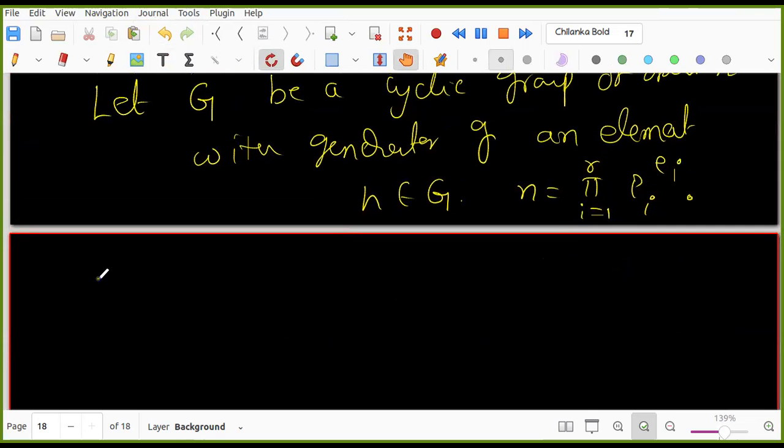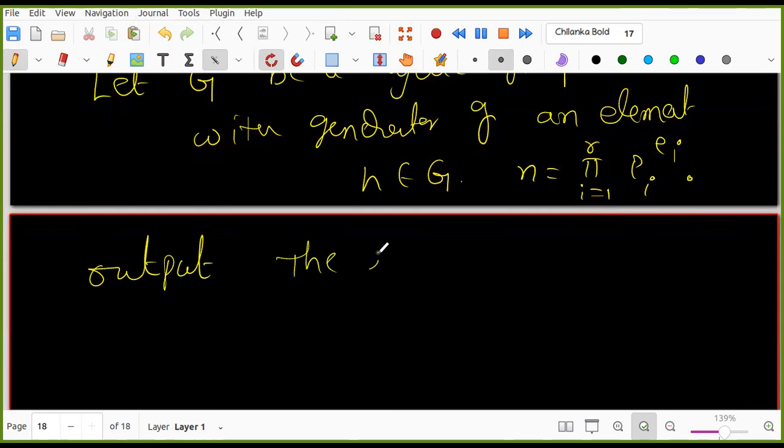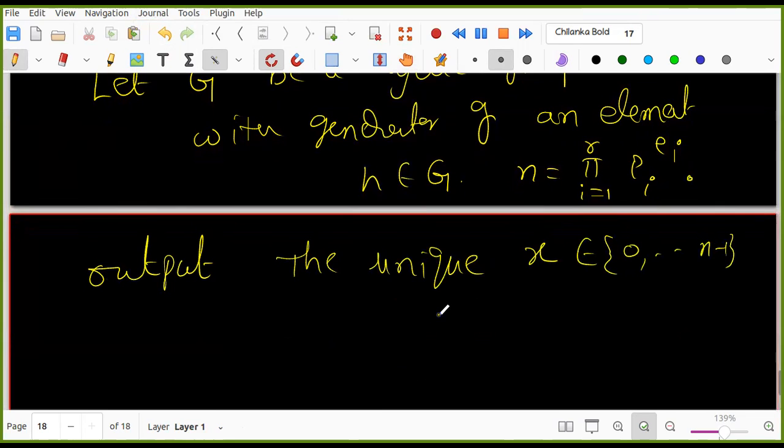So this is the input. What is the output? The output is the unique x belongs to 0, 1, 2 up to n minus 1 such that g power x equals h.